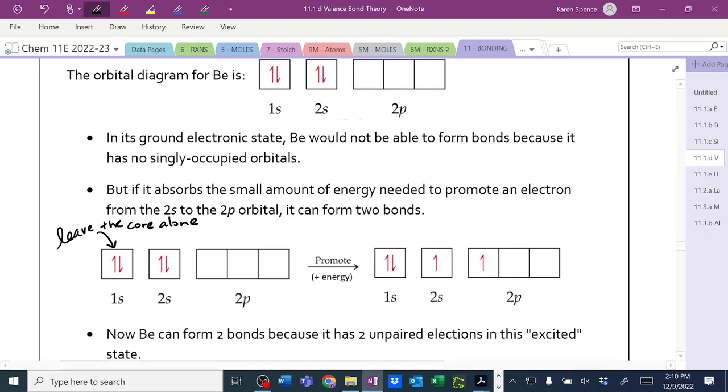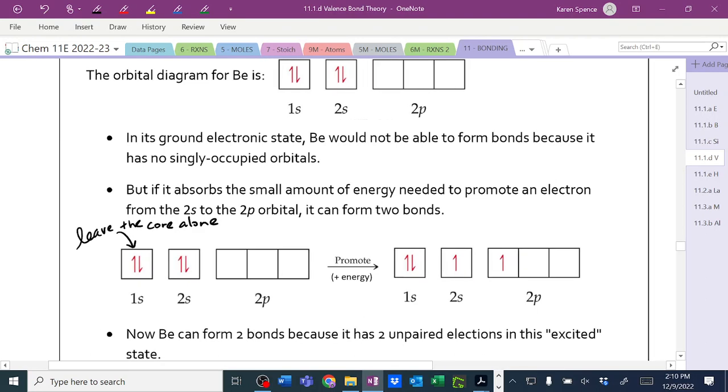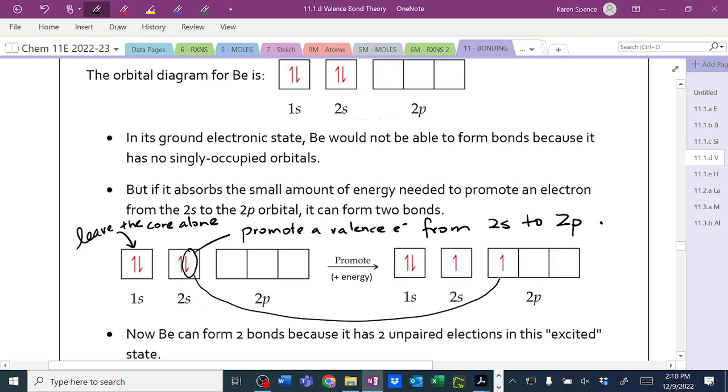We will promote one of the valence electrons from the 2s to the 2p. Okay, up it goes. Now we have two unpaired electrons. Isn't that nice?